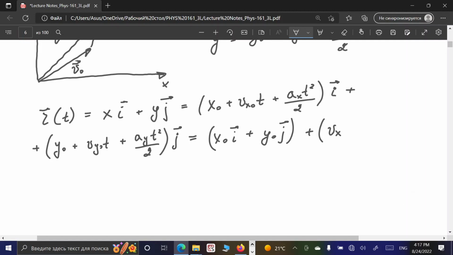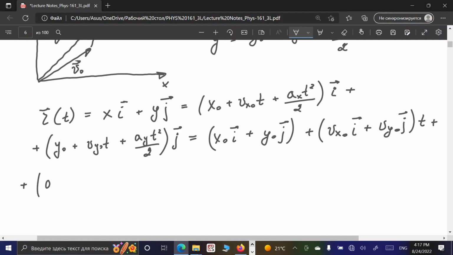That will be vx naught times i unit vector plus vy naught times j unit vector, times time t, plus term originated from acceleration.